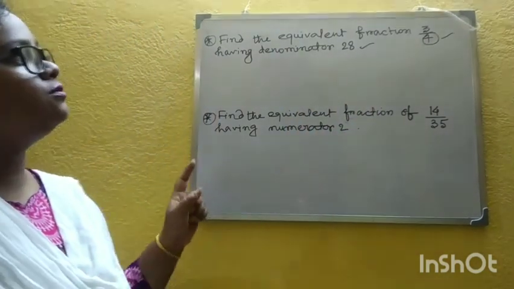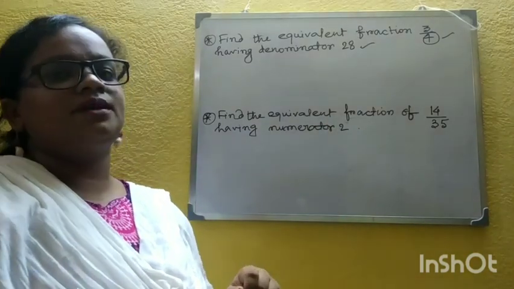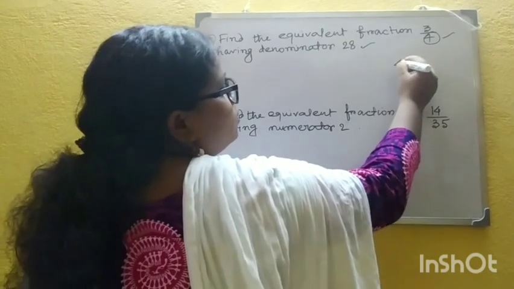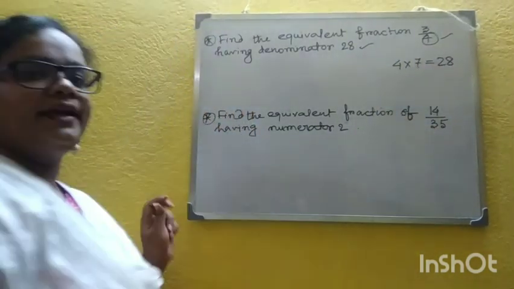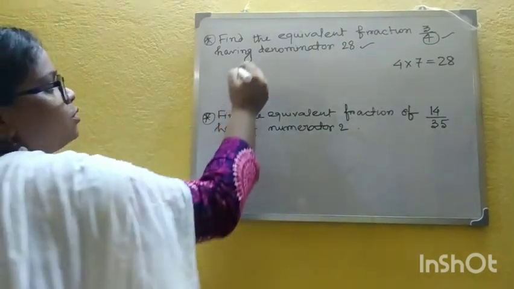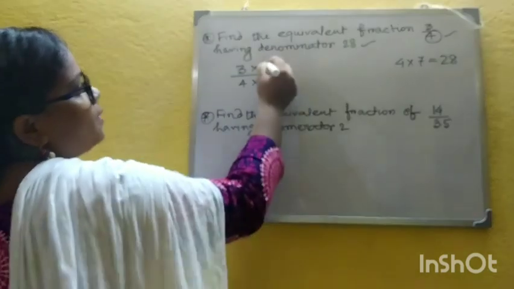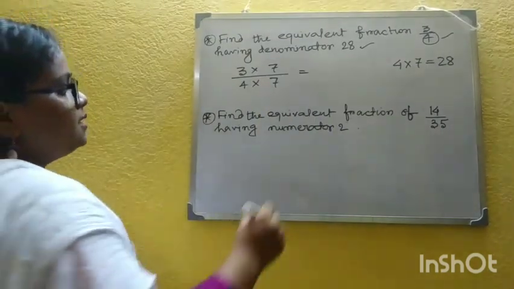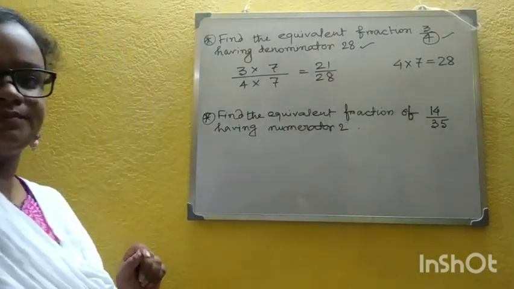So here we will have to multiply 3 and 4 by the same number. What is that number? We know 4 into 7 is 28. So we will have to multiply both 3 and 4 by 7. So the answer will be 21 by 28.